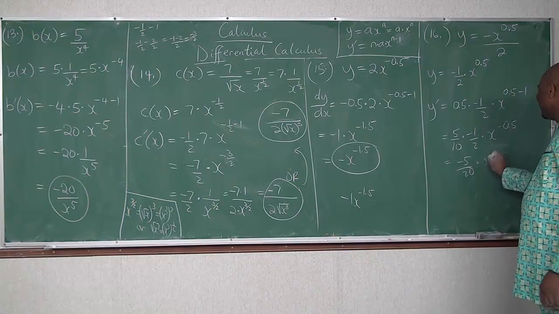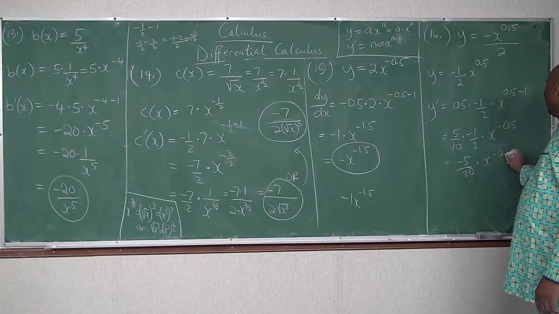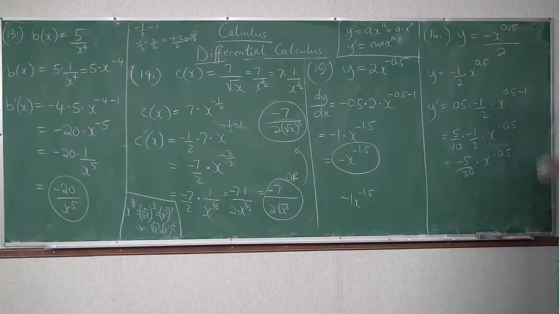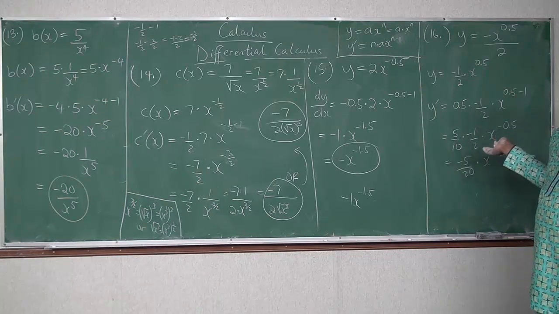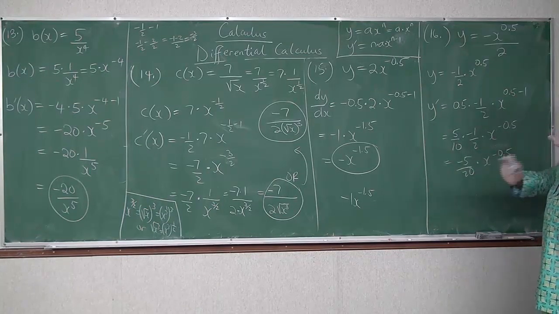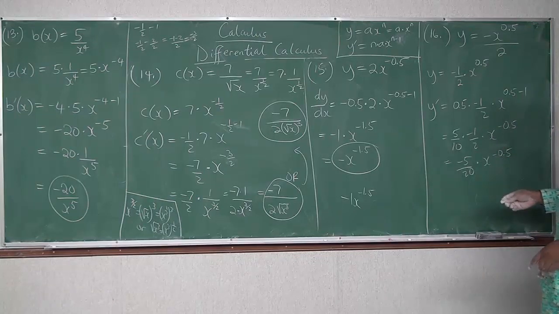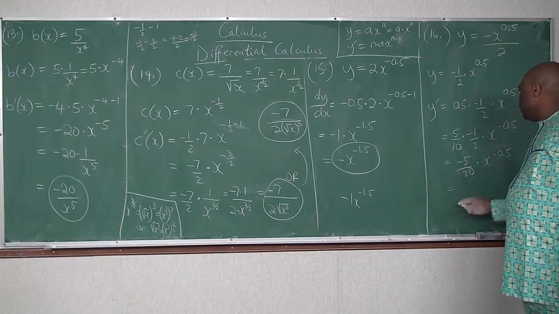So times x exponent negative 0.5. Because they gave it to us in exponent form, we have to leave it to them in exponent form. If you want, you can leave it as a positive exponent, which means you bring this down, but it doesn't matter. So this is negative 1 over 4.